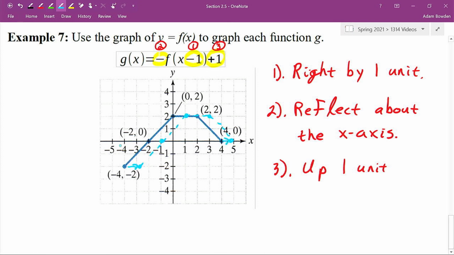So we have to take all the points and flip them around from one side to the other. And if we do that, the graph will now be down here instead after reflection. And then we have to move everything up by 1 unit. And that will generate the final transformation of the graph.